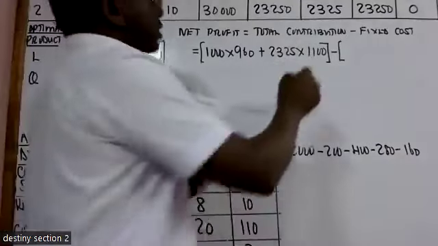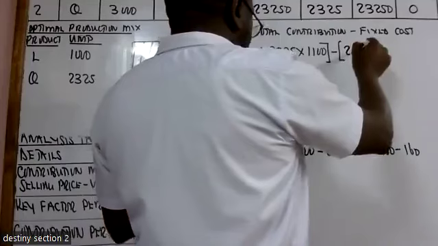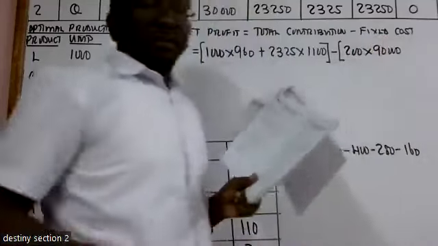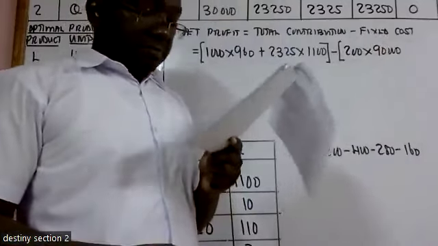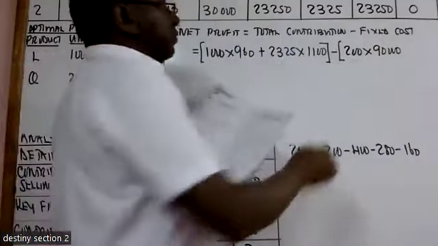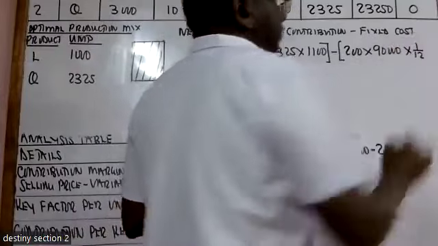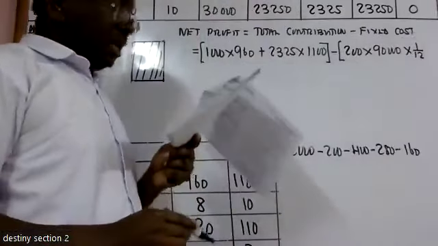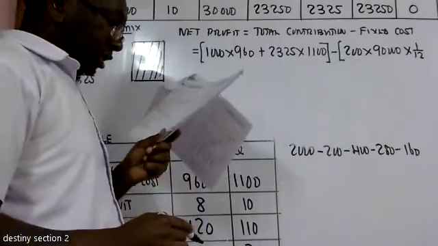So you are supposed to take the 200, you multiply by the 90,000. That will give you the fixed cost for the whole year. But we are told 1/12. So times 1 out of 12. So it is based on a month. Then there is another cost.